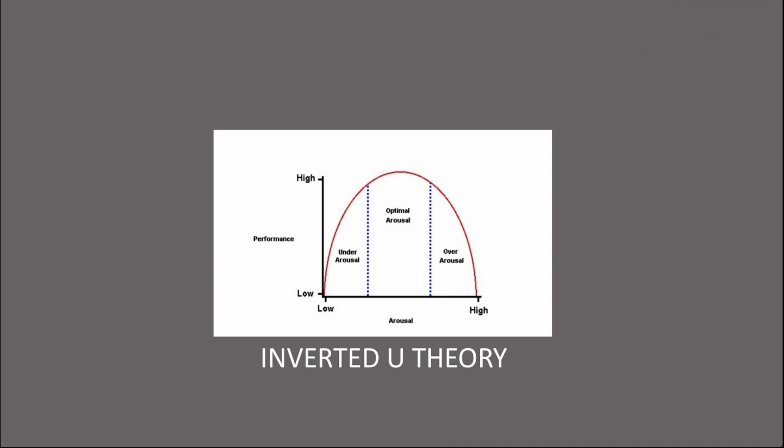So to help you with that sort of distinction level answer, we're going to need to look at this idea of the optimal level of arousal. And this is quite complex, okay? But what this is saying is that basically the highest level of performance is going to happen when we are most aroused.